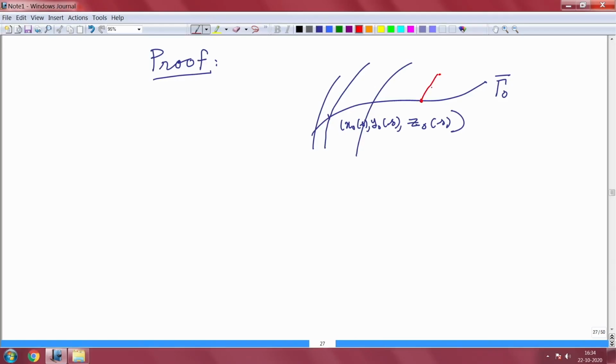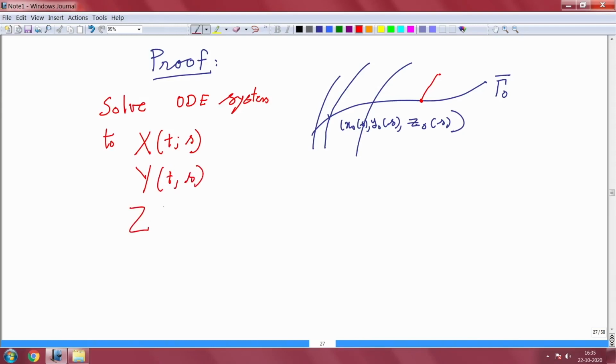So you solve your ODE system to get the solution of the ODE, which let me denote by x, y, z of t, s. It depends on s, as I told you. And this is a solution for each s.